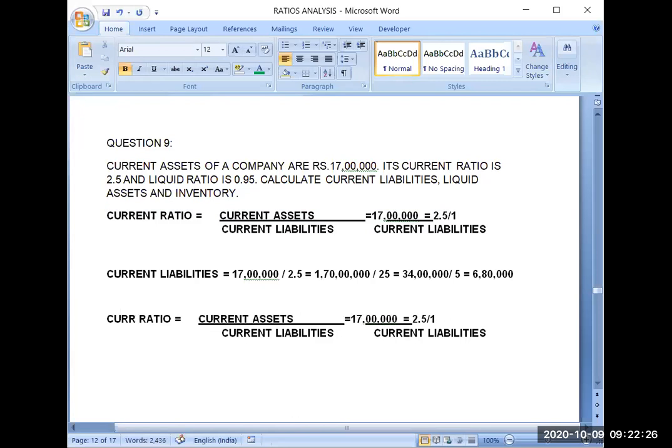Here it will become liquid ratio, and here it will be liquid assets upon current liabilities. Now you don't know the value of liquid assets, so it will remain liquid assets.